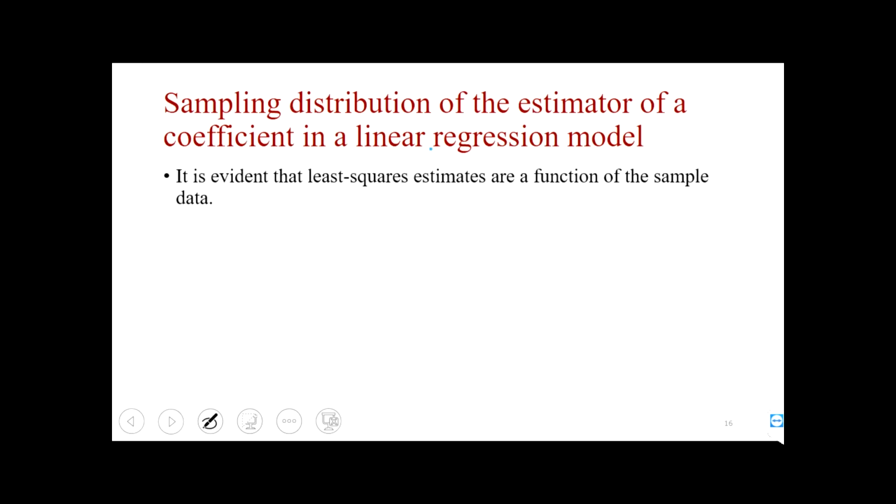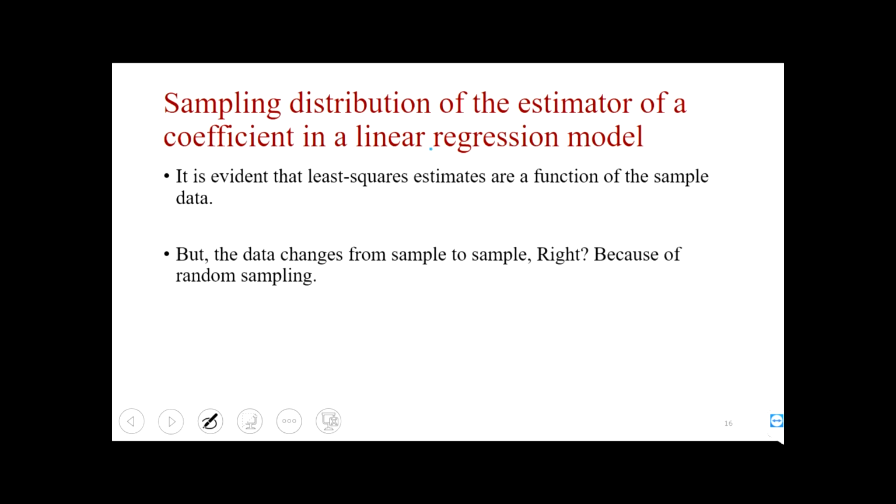So this is well known in econometrics. It is evident that the least square estimates are a function of the sample data, but the data changes from sample to sample, right? Yes, because of random sampling, because each and every researcher selects a different sample, and we are assuming that the population parameter lies within that sample.